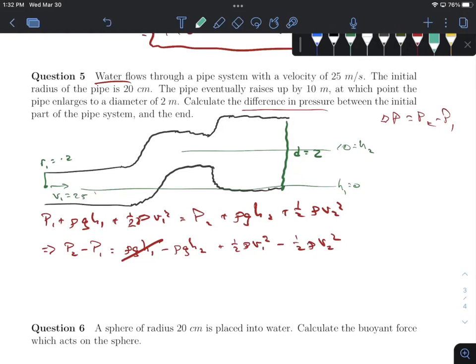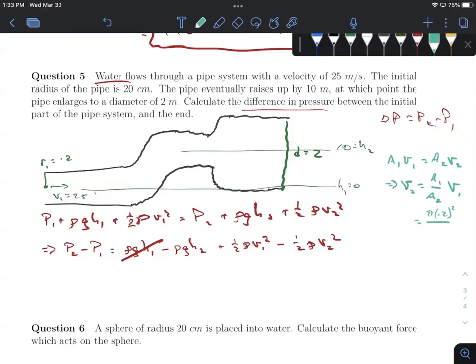I use continuity. A1 V1 is A2 V2. I'm looking for V2, so V2 is going to be A1 over A2 times V1. All right, what's A1? The area of the first part of the pipe. I know the radius, and it's pi r squared. So it's pi times 0.2 squared. A2, that's the end of the pipe. I don't have the radius, I have the diameter.